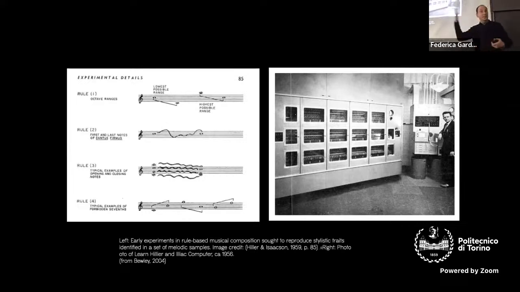He looked at Palestrina, the Renaissance Italian composer, and abstracted a series of stylistic rules from his work, and he used his program to check stochastic results against those rules. So the computer would produce something random, and then check that random occurrence against the rules of the music, and if there was a match, it would become encoded.